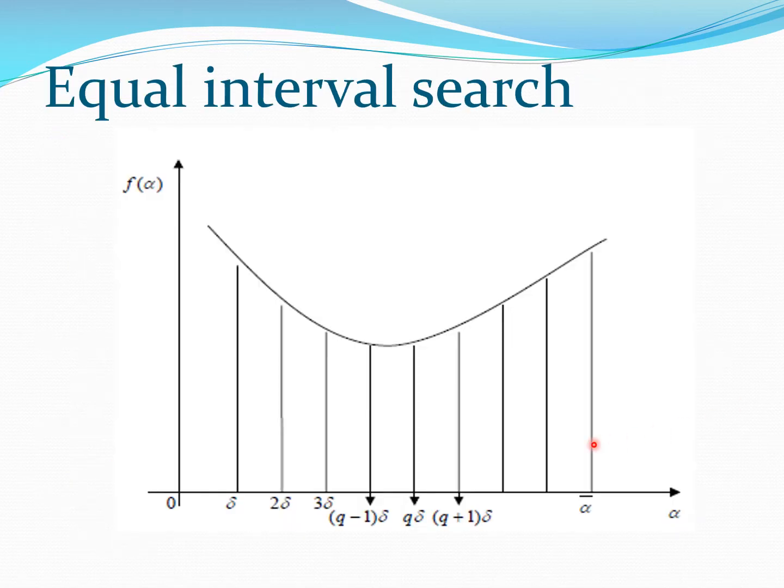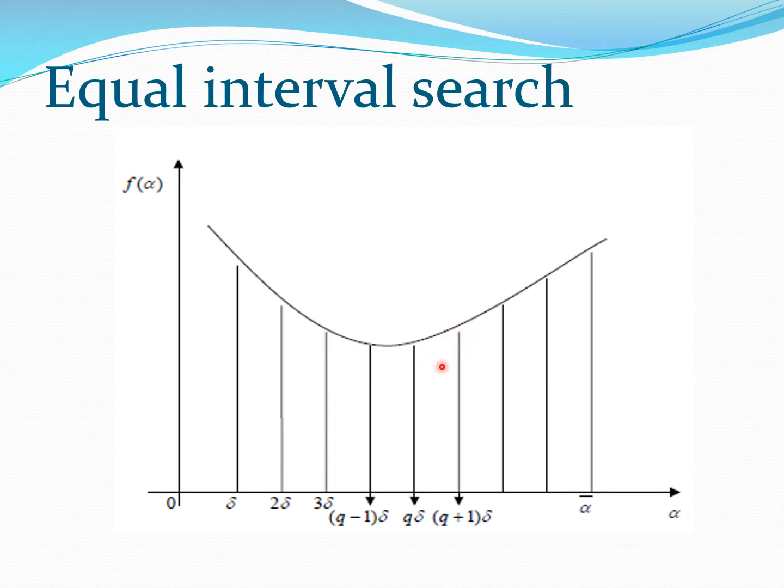In this method, we take the function, and since we know that this function is unimodal, we create a uniform grid. We choose some small number delta, and find the function value here. Then we take 2 delta, 3 delta, all the way and so on. To generalize this concept, we call some points q delta, q minus 1 delta, and q plus 1 delta.